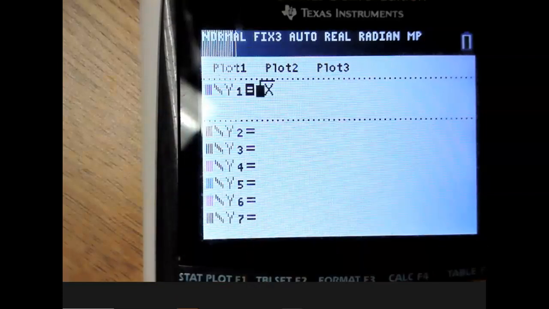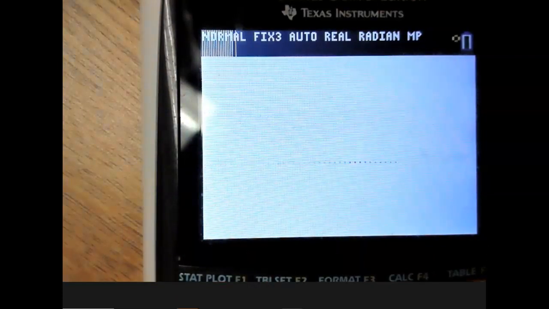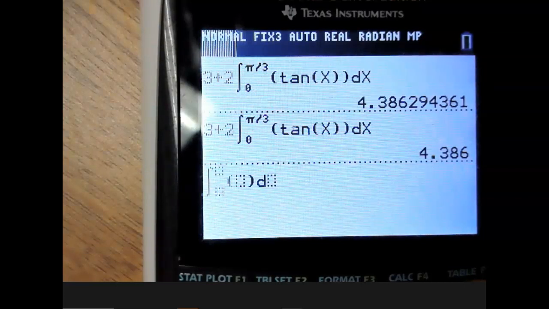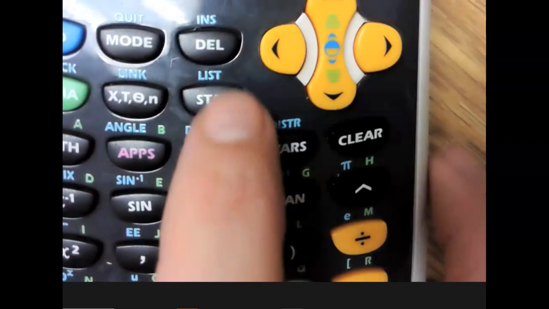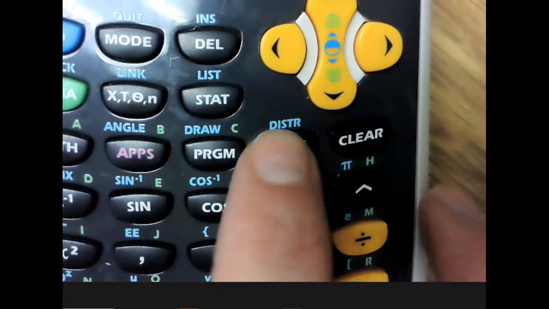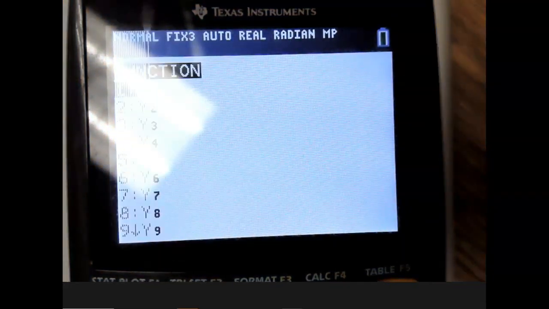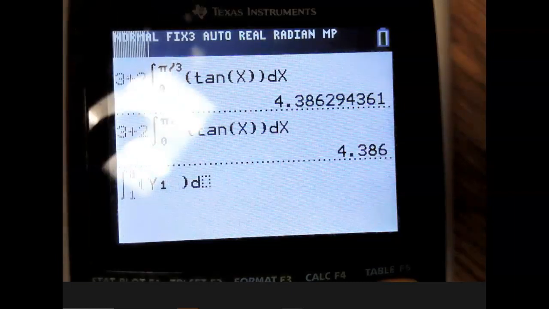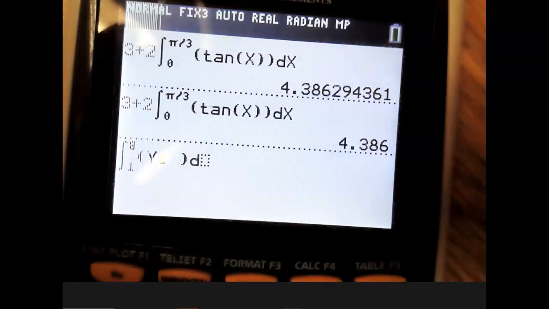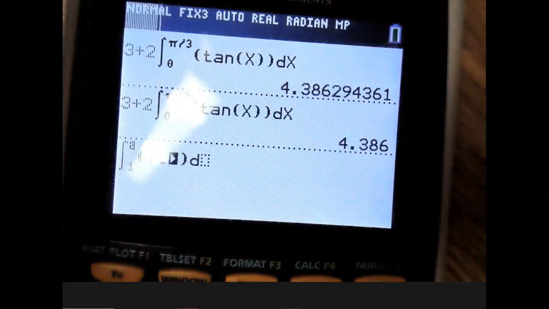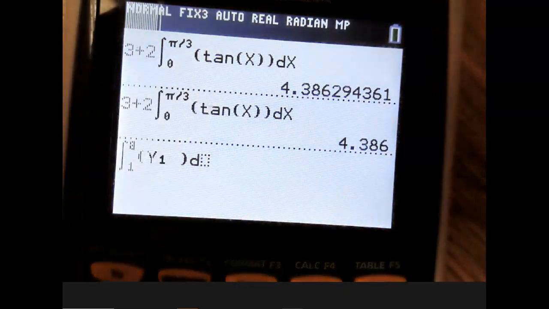What I was going to show you on the home screen is if I've entered the function into y1 and I want to repeat using that, you could go to math, option 9, put in your upper and lower bounds, and if the function was something long and crazy and you didn't want to retype it, you can hit the vars key and then you go over to yvars and select function, and whatever you have in y1, it will retype that in y1 on your calculator.